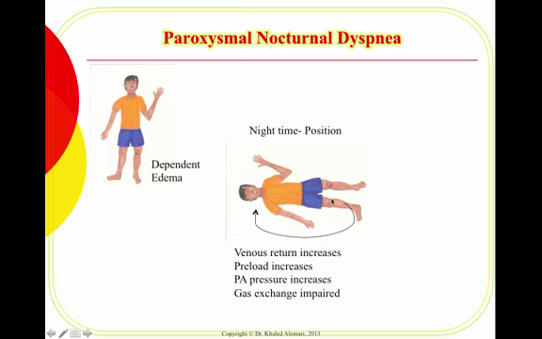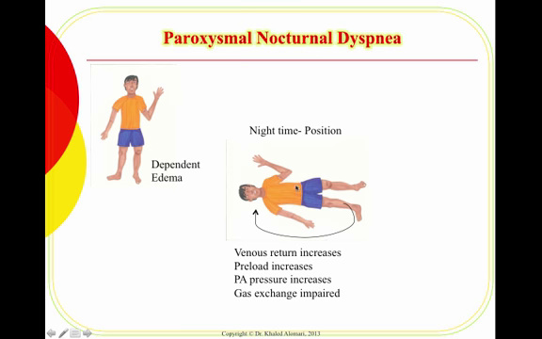It becomes easier for it to go to the right side of the heart, and from the right side of the heart to the pulmonary circulation, and that increases the pressure in the pulmonary circulation, which could already be high because of left-sided heart failure. That will increase the pulmonary edema, and that's why the patient wakes up feeling like they are suffocating or drowning, because of the position the patient assumes at night.